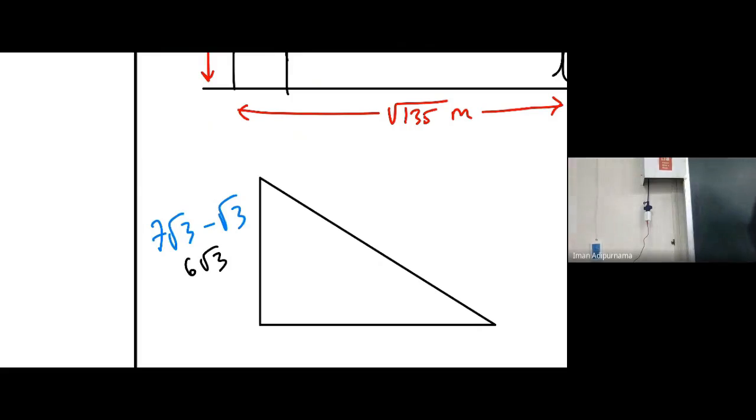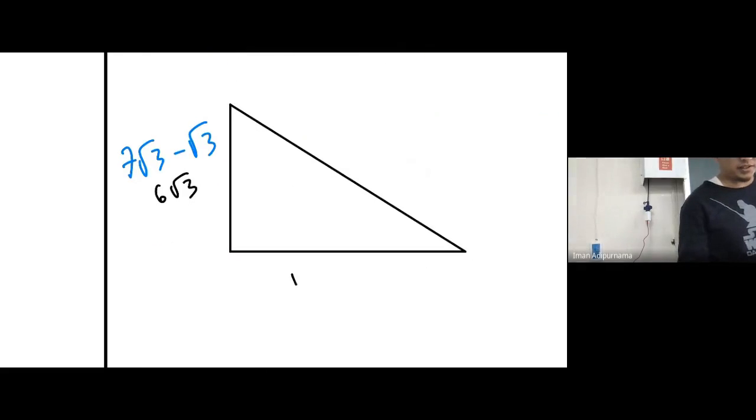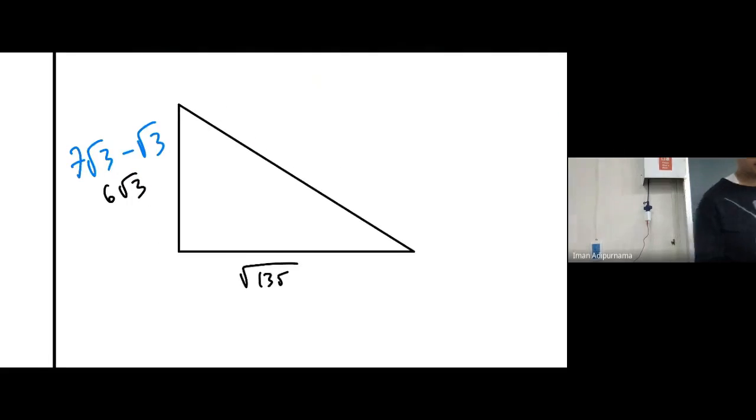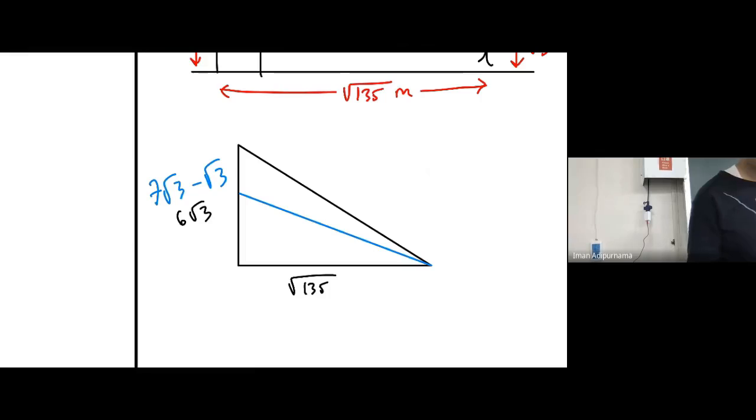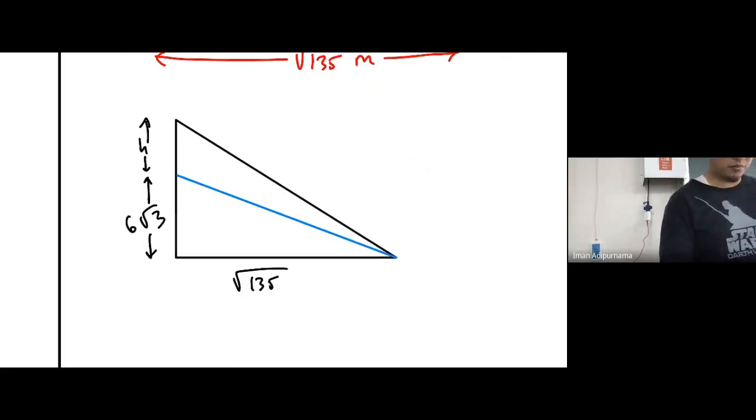Okay. So this is 6 square root of 3. And this is still 5. Okay, let's make this alpha and beta.